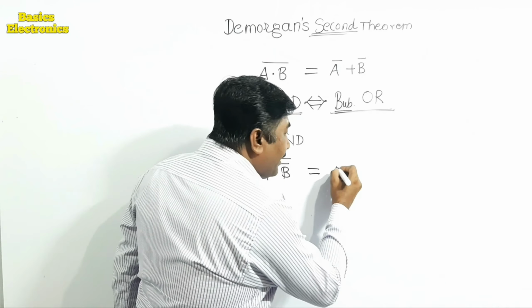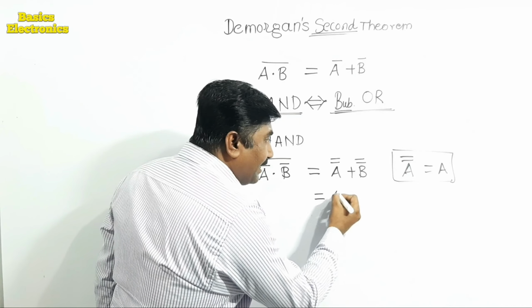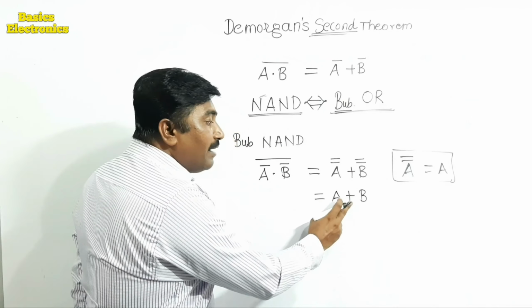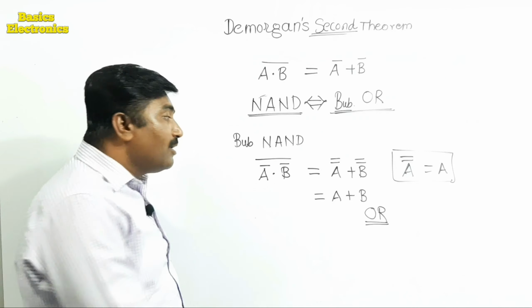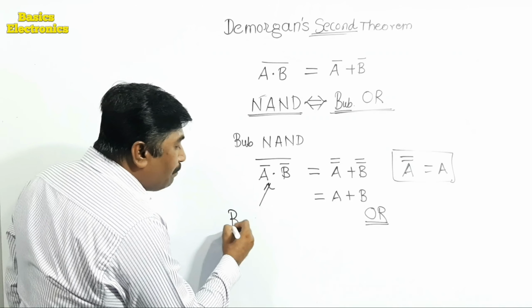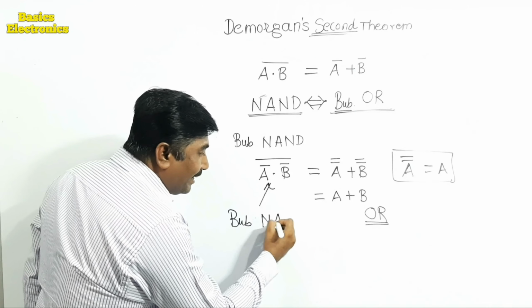As we know, A double complement equals A because the double complement gets cancelled. So the equation becomes A plus B, and A plus B is the equation of the OR gate.